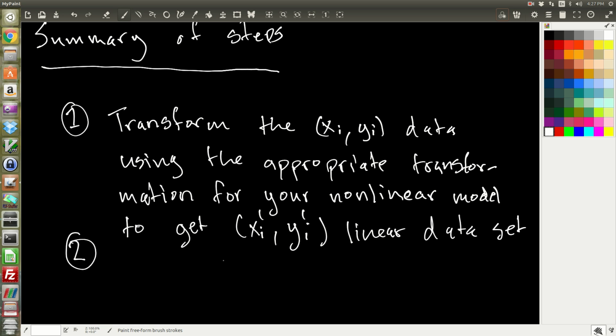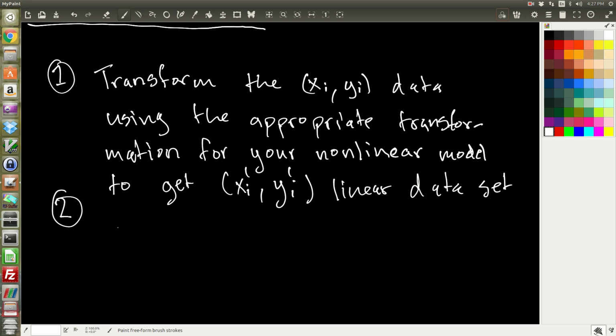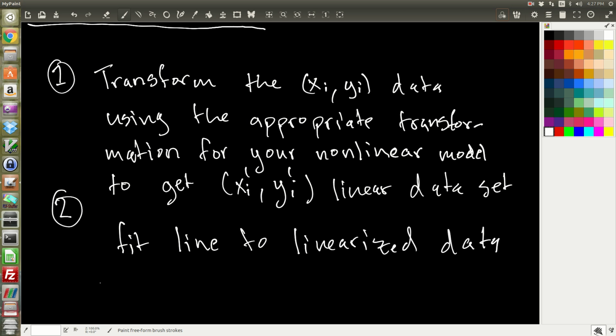So it makes the data linear, okay? Second step is fit a line to the linearized data, xi prime, yi prime.